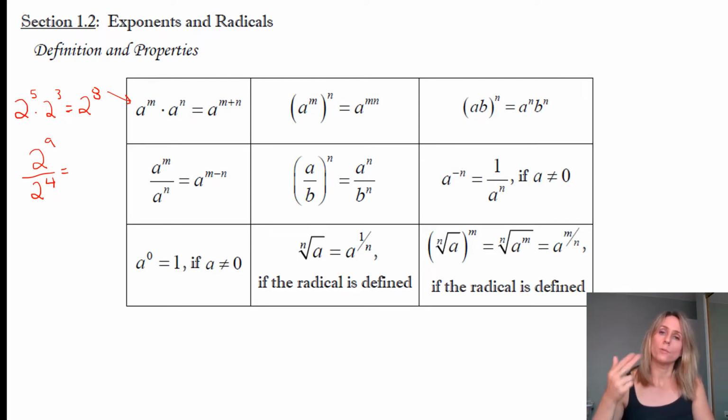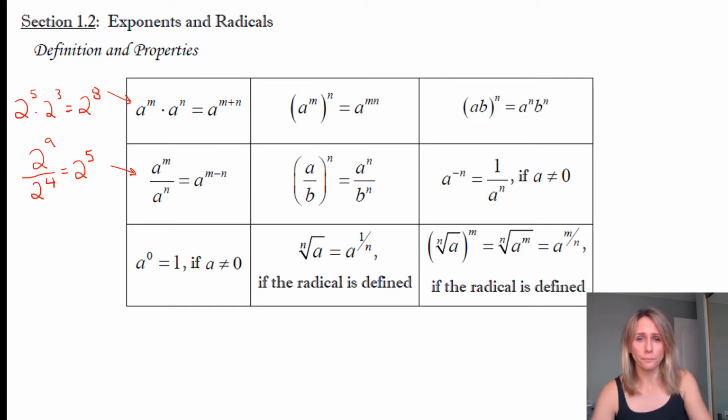Then we can simplify any of the common 2's. So we can simplify 4 2's from the denominator and 4 2's from the numerator, which leaves us with 5 2's in the numerator, or 2 to the 5th. So what we're seeing here is that the rule is coming from the idea of subtracting your exponents. 9 minus 4 is 5.